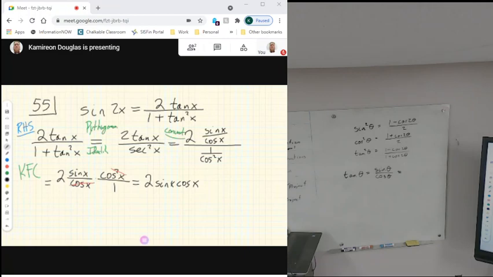What happens now? Our solution was to get sine of 2x. If we look at our page, 2 sine x cosine x is sine of 2x. So we are now finished. Yay. Notice again, we used multiple different formulas from this section and previous sections and followed our 4 big steps.